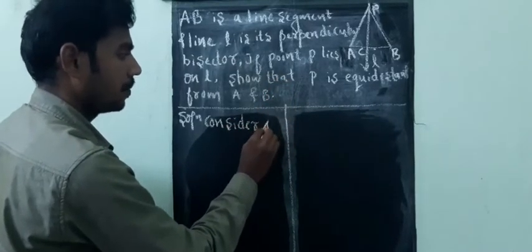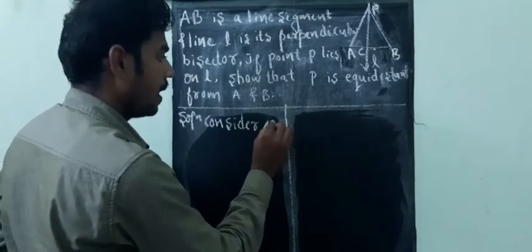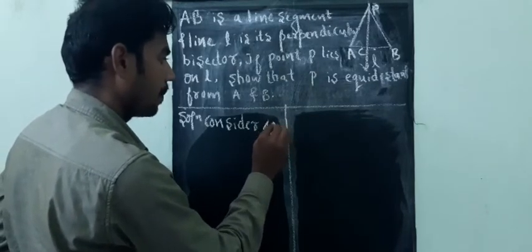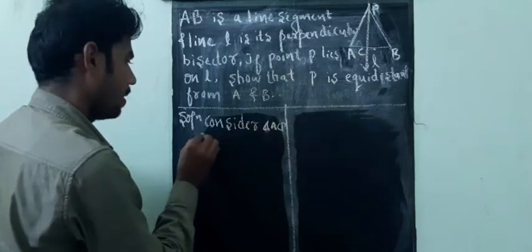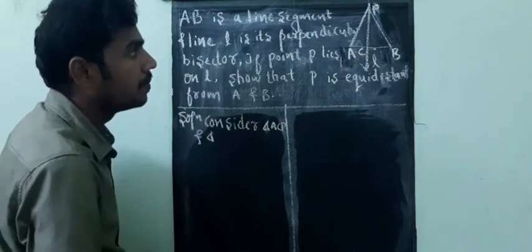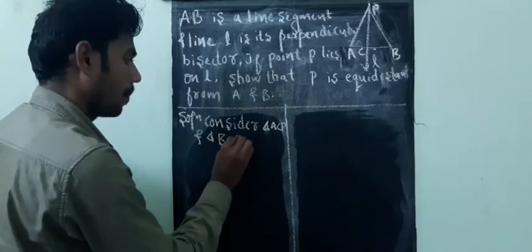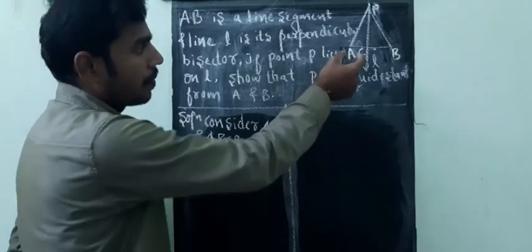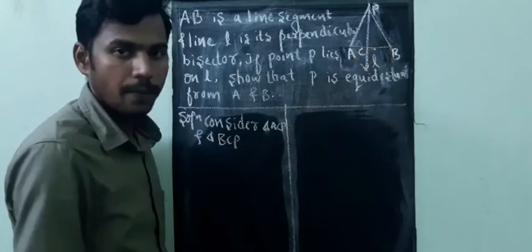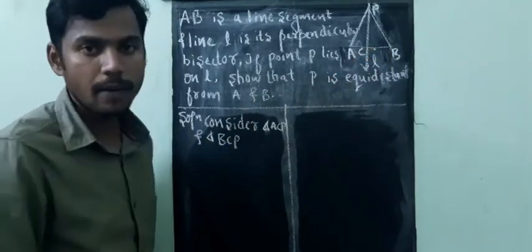triangle ACP and triangle BCP. Now in that, AC is equal to BC because it's a perpendicular bisector.